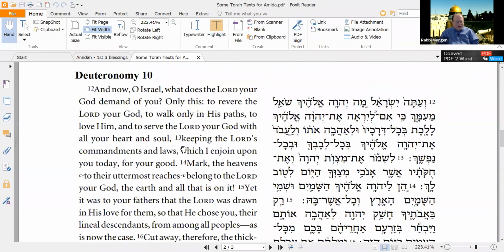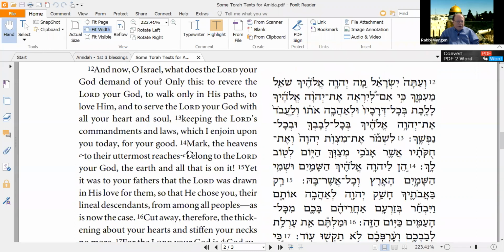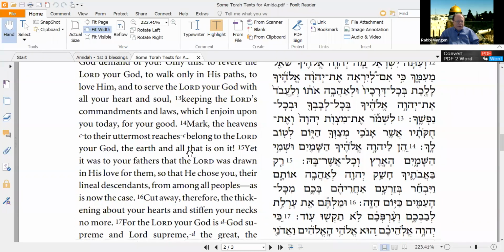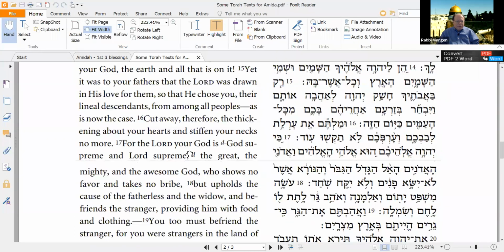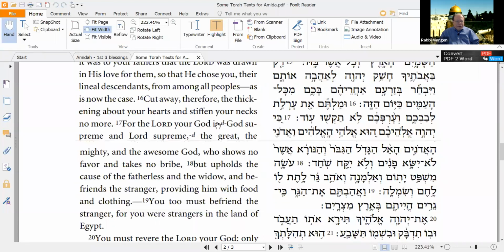Okay, here's the Deuteronomy quote. "And now, Israel, what does the Lord command of you? Only this, to revere the Lord your God and to walk in his ways, to love him and serve God with all your heart and soul, keeping the commandments which I enjoin upon you. For the Lord your God is God supreme, Lord supreme, the great, the mighty, and awesome God."